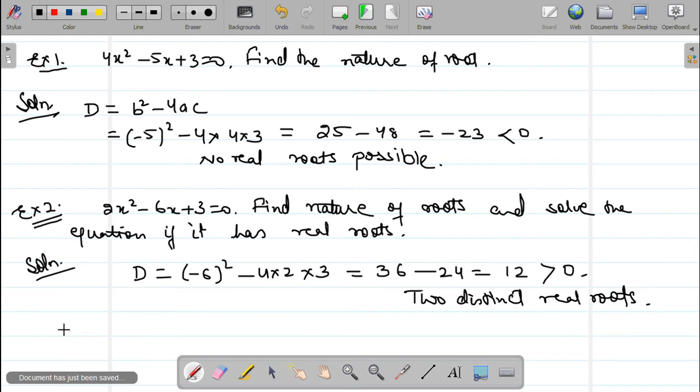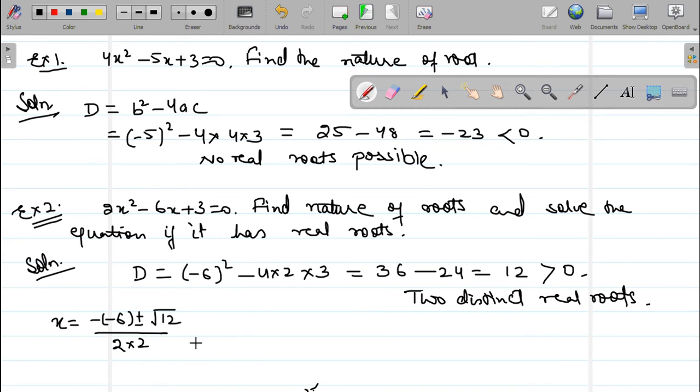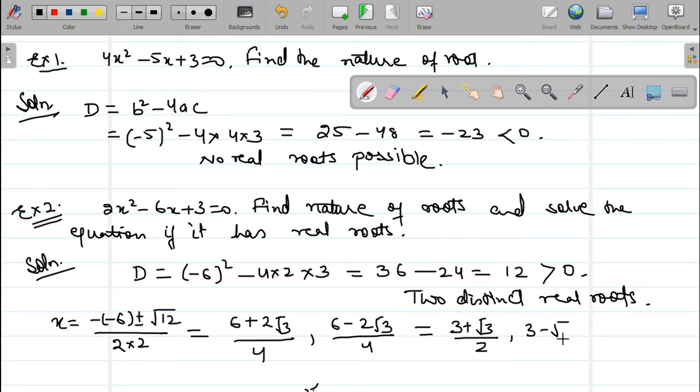So the roots can be x is equal to minus of minus 6 plus minus under root of 12 upon 2 multiplied by 2. Further solving it, 6 plus root 12, I can write as 2 root 3, upon 4, and 6 minus 2 root 3 upon 4, which on further cancellation gives 3 plus root 3 upon 2 and 3 minus root 3 upon 2 as the two roots here.